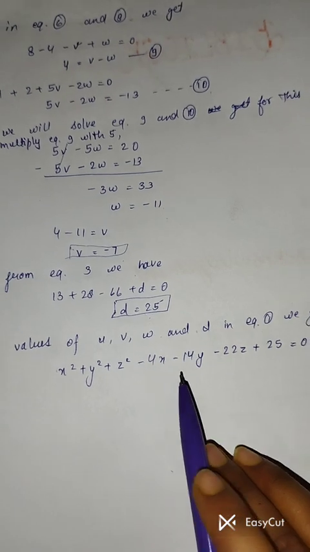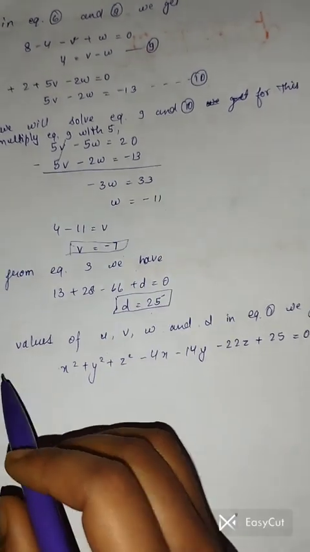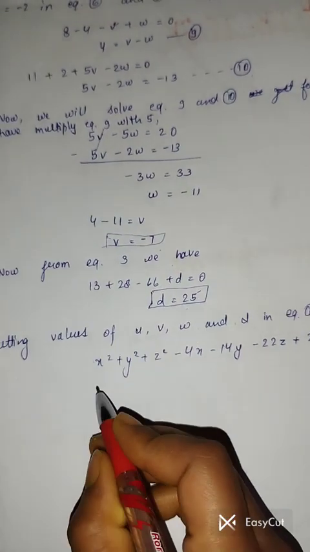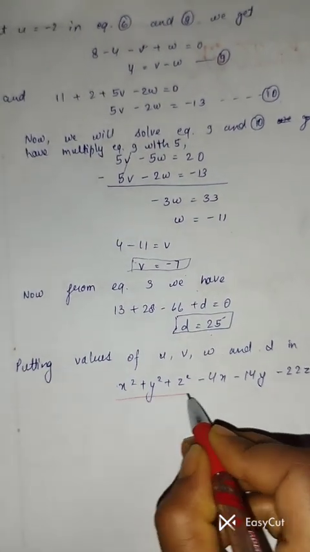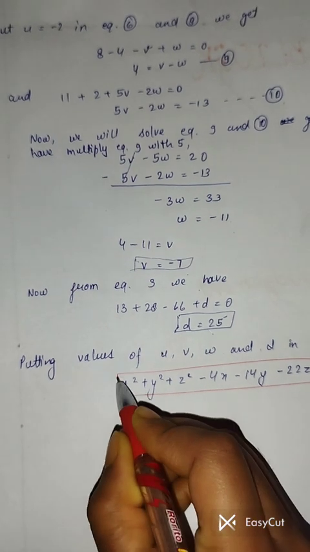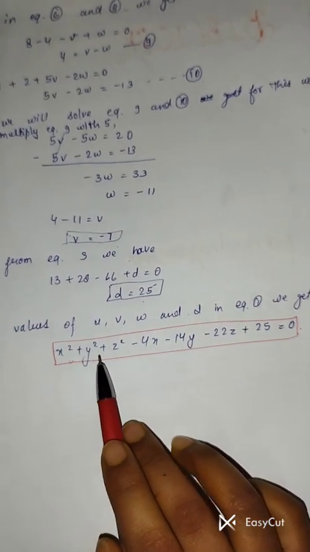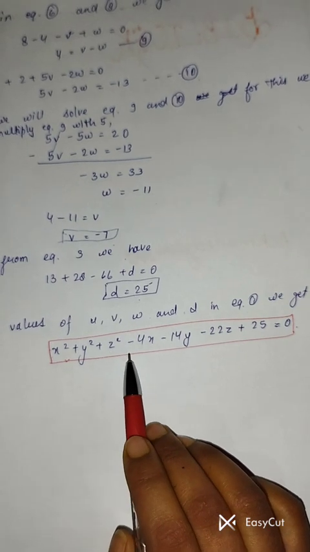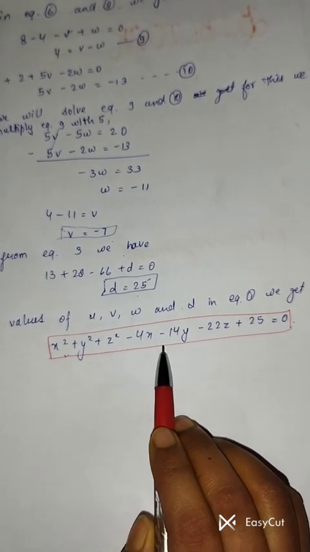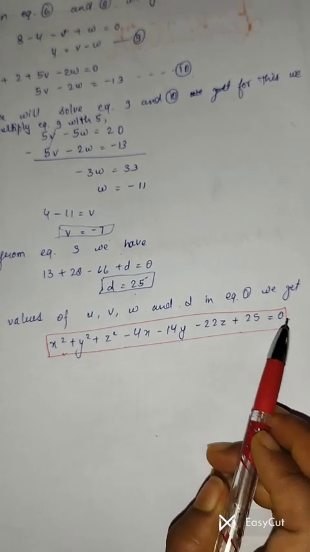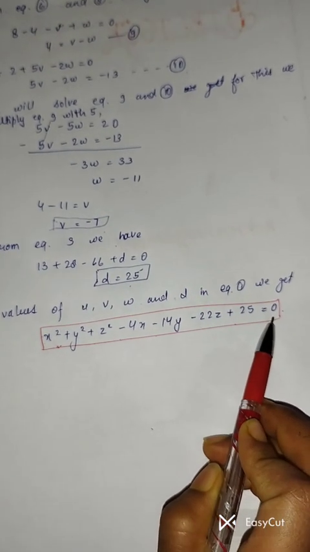So after putting all the values, we get this as our final equation. So this is our final equation, that is x square plus y square plus z square minus 4x minus 14y minus 22z plus 25 is equal to 0.